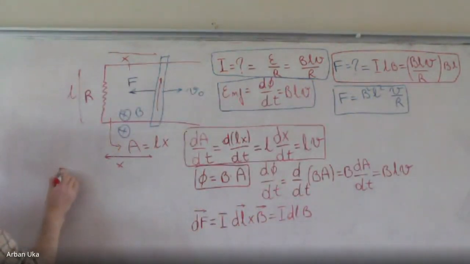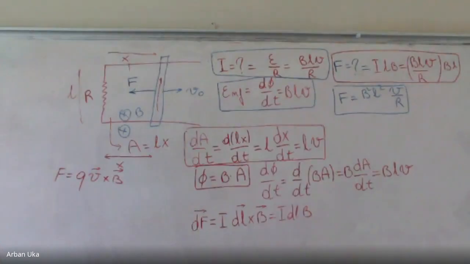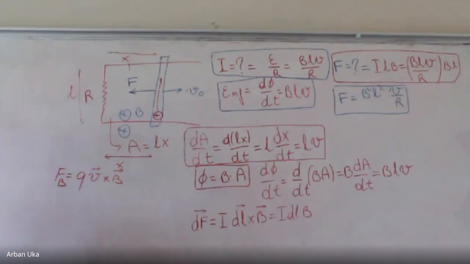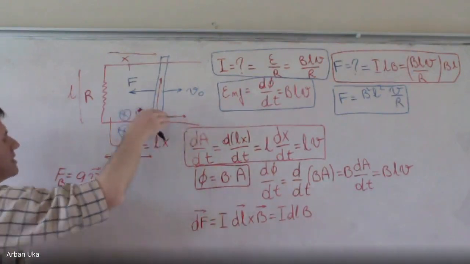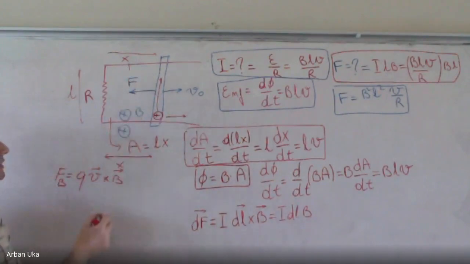The force on the charges is equal to Q V cross B. This is the magnetic force applied on a single charge, on a proton here. If the initial velocity was v, and B is into the board, then using the right-hand rule, the force is upwards.